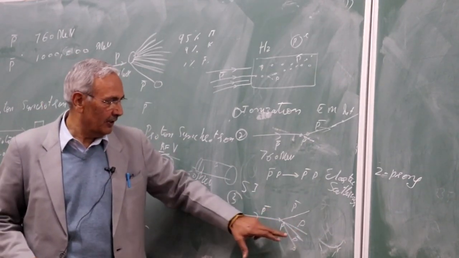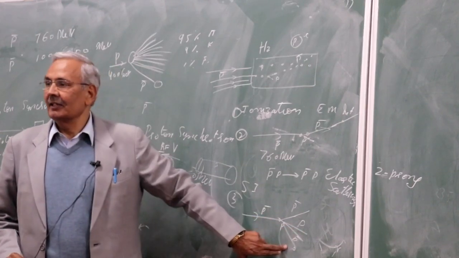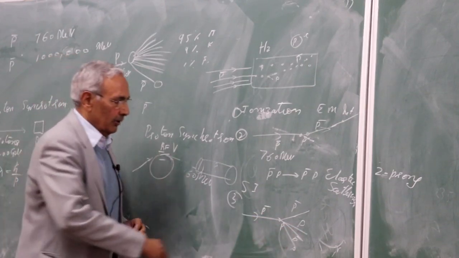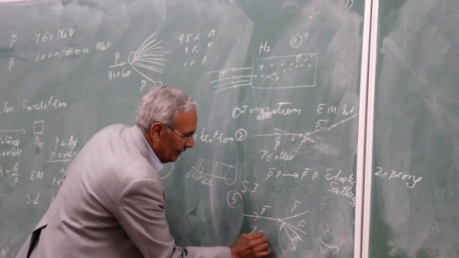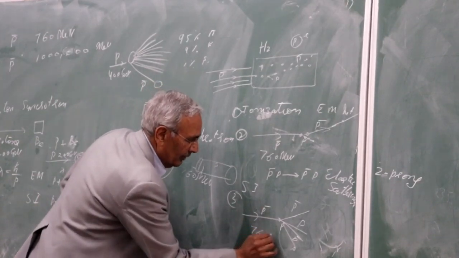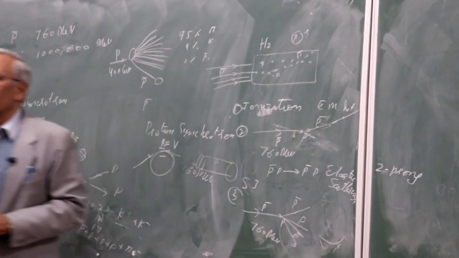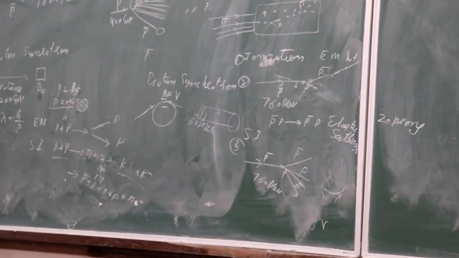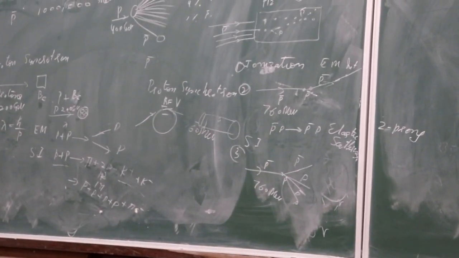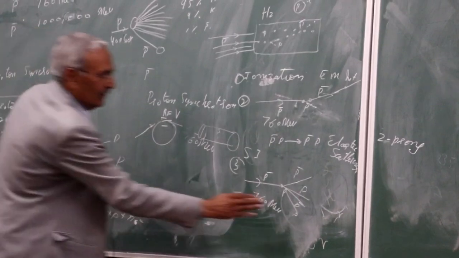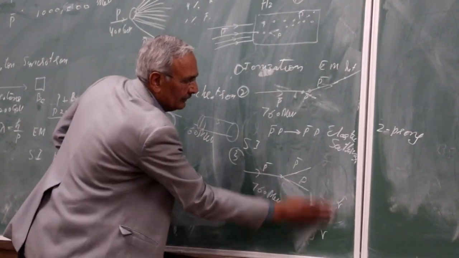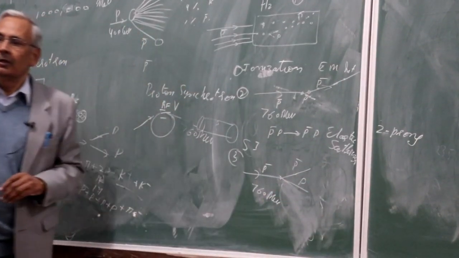If both are this one, you cannot create this thing. Why? Because energy is 760 MeV. Rest mass for the one proton is 980 MeV. So you cannot create these two particles. Okay?